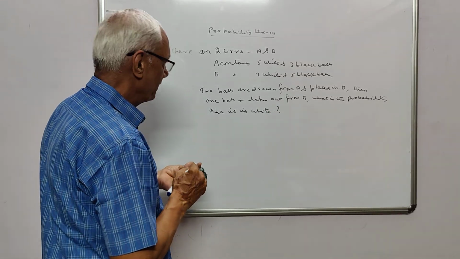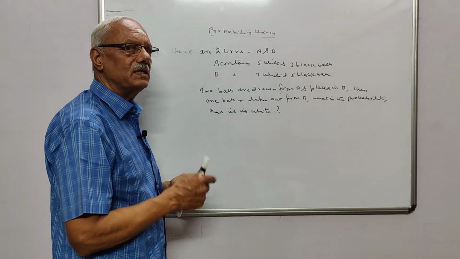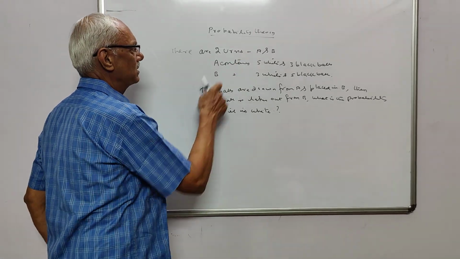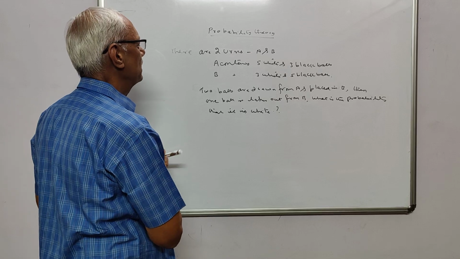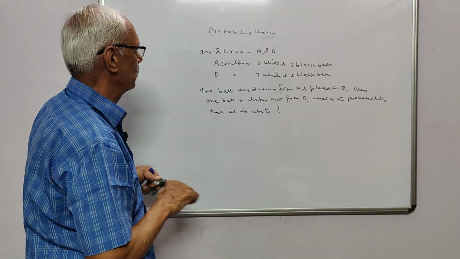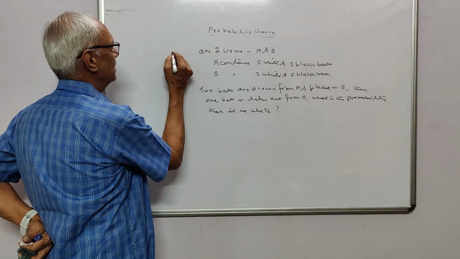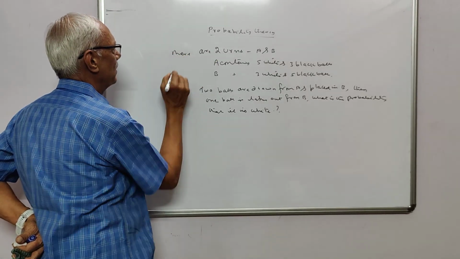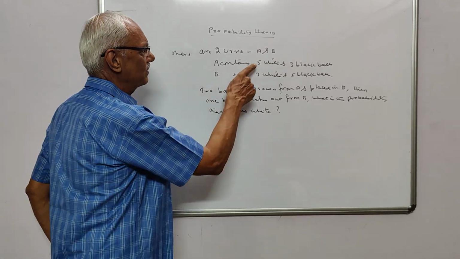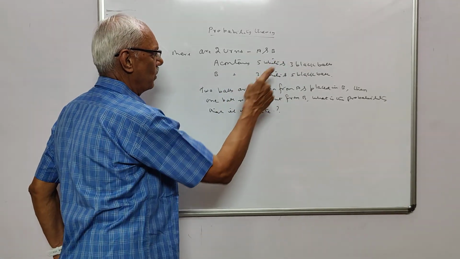I'll read this problem. This is the problem that I am going to discuss today. There are 2 urns. Urns are just like your vessels, nothing more than that, so containers. There are two urns A and B, and A contains 5 white and 3 black balls.